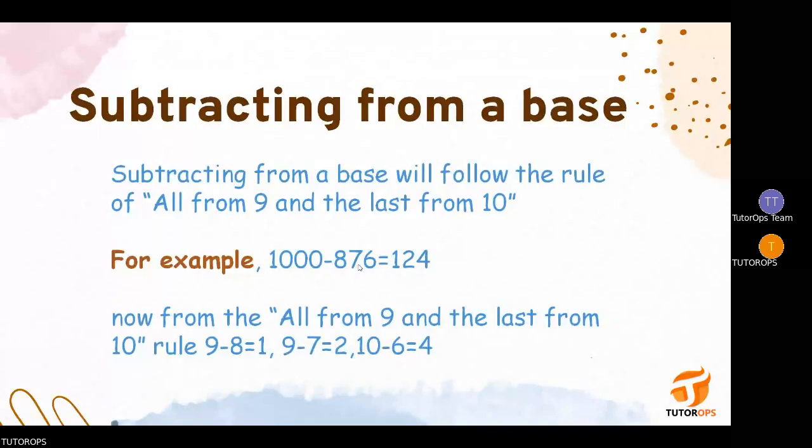And finally, it is 6. It is subtracted from 10. Remember, the last digit will be subtracted from 10, not from 9. So the last digit, 10 minus 6 is 4. Now, from the all from 9 and last from 10, 9 minus 8 is 1, 9 minus 7 is 2, and 10 minus 6 is 4.